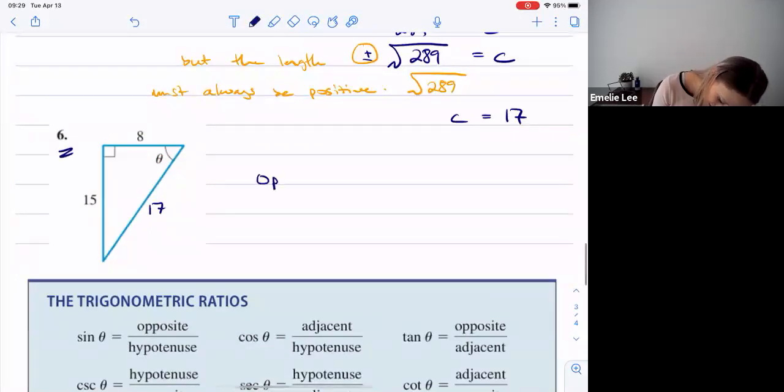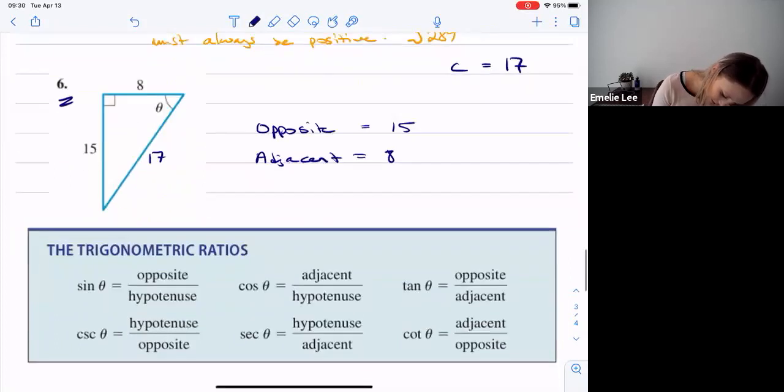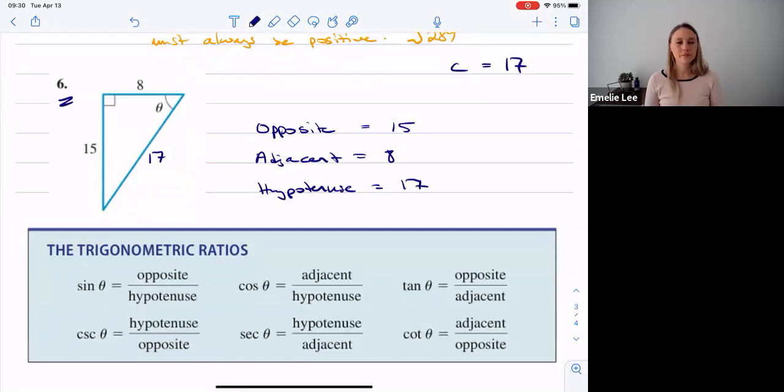So instead of writing all these out, you could say that sine theta is the opposite over the hypotenuse, so it's 15 over 17. You don't have to write these out, but I just want to highlight that that's where they're coming from.